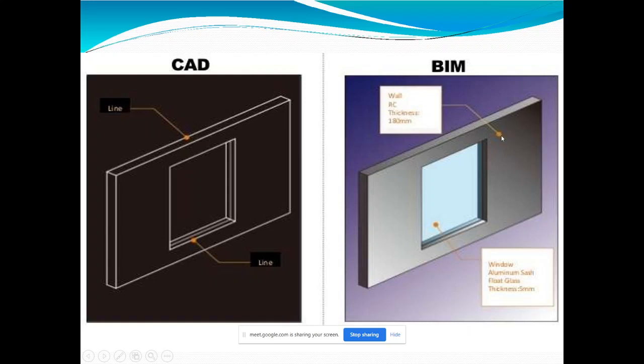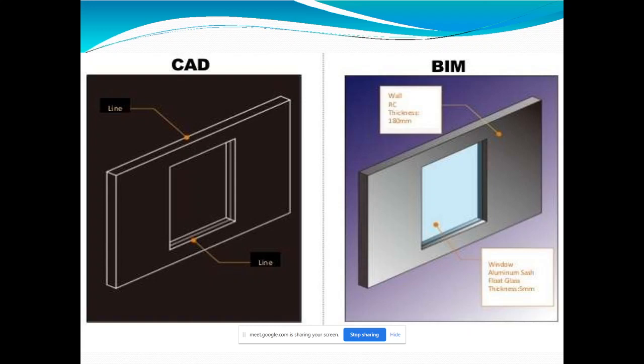But in BIM, this is the wall, this is the thickness of the wall, and whether it is an RC wall or a normal wall. All the things are created in this BIM software in an easy method. Then this is a window. What type of window? Aluminum frames, flat glass, thickness of 5 mm, all the things. You consider all the little things in BIM also.